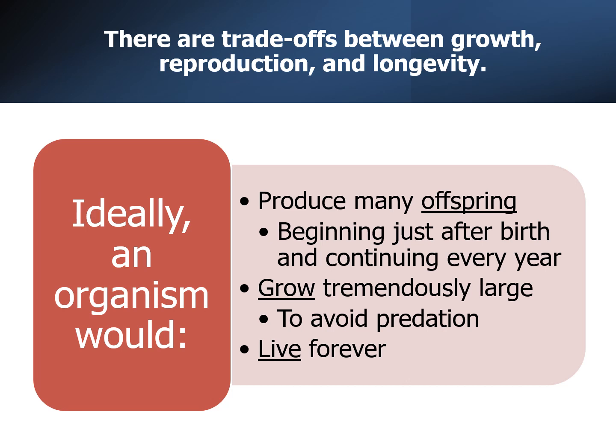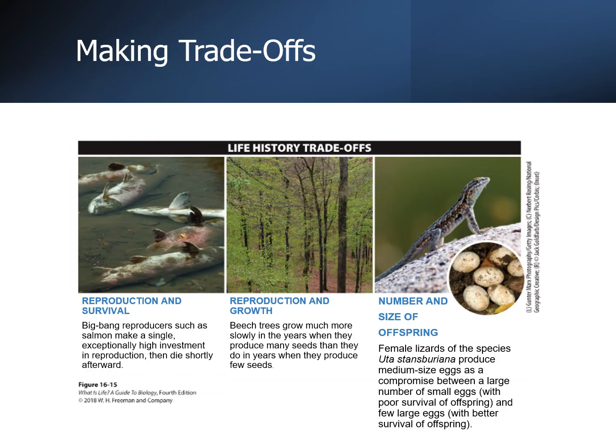So let's talk about what these trade-offs look like with those various reproductive styles that we saw before. With the Big Bang reproducers, another example is salmon. What salmon do is they put all of their energy into swimming into their original freshwater streams.